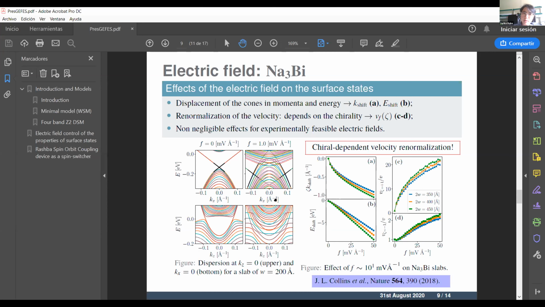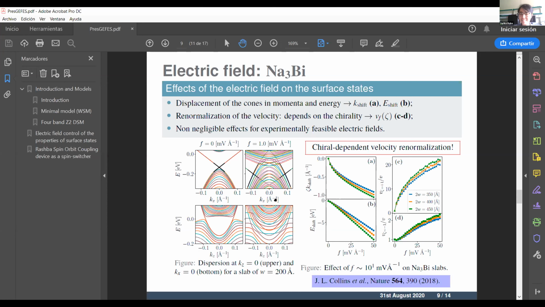Because the Fermi velocities are different, so surely, but I will have to think a little more about it. Okay, it's just a kind of follow-up question, I guess. Thank you.